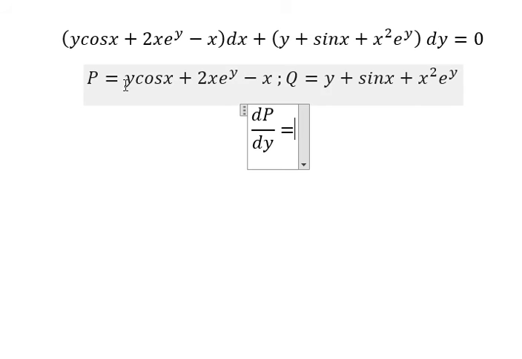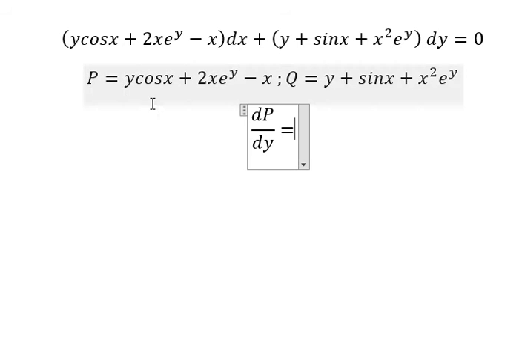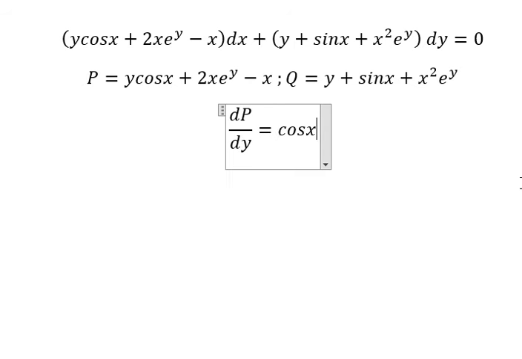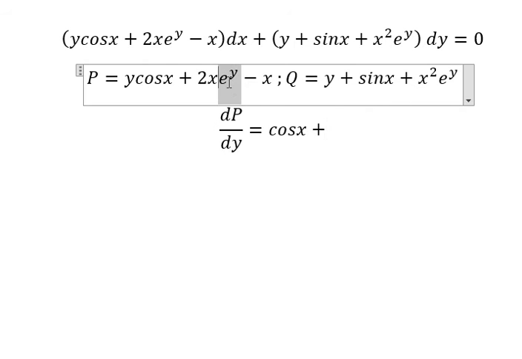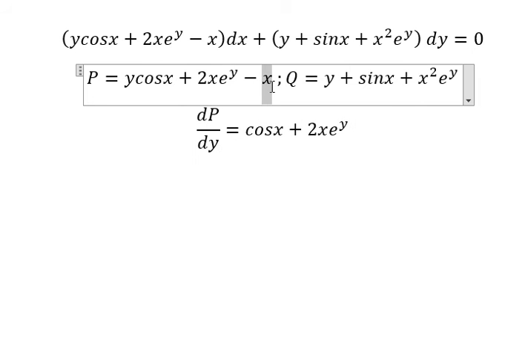So we just have this one and this one. First the derivative of y, you got number 1, so we have cosine x. First the derivative of e to the power of y, we have 2x e to the power of y. This one we don't have y, so you got 0.